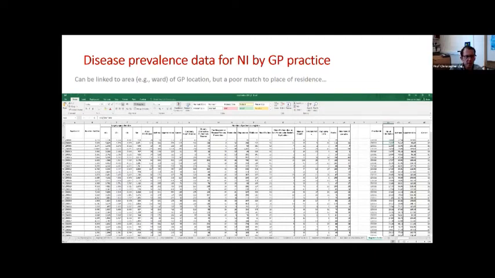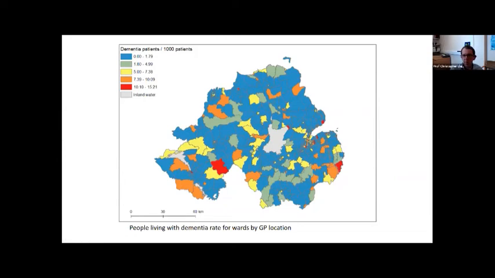So we can look at changes in practice, provision of practices, and those that are still there or not, and obviously the breakdown of health conditions. But as I said, this is not especially helpful if we want to think about access in relation to residents. Okay, it's really good to have these data, but they're limited for our particular purpose.